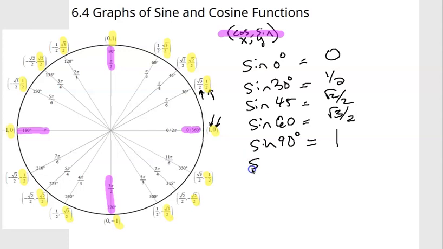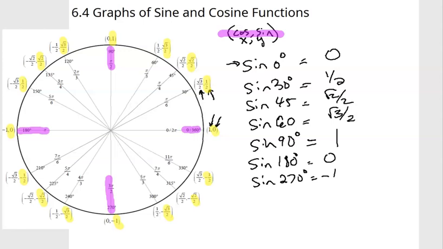The sine of 180 is 0. The sine of 270 is -1. And again, the sine of 0 degrees is the same as the sine of 360. It's still 0. So I've made a complete circle, and I could record every one of those points if I wanted to.